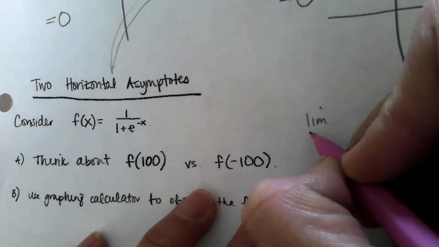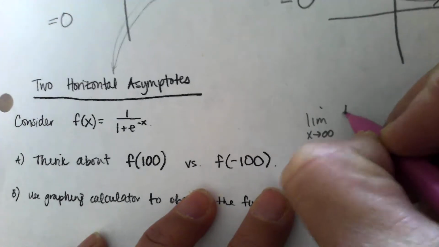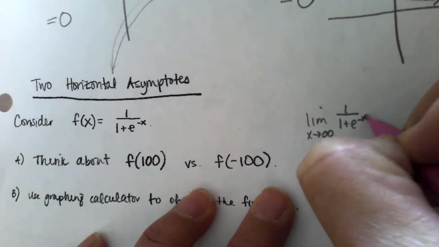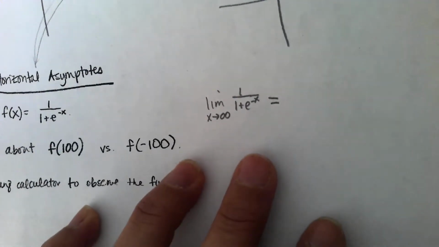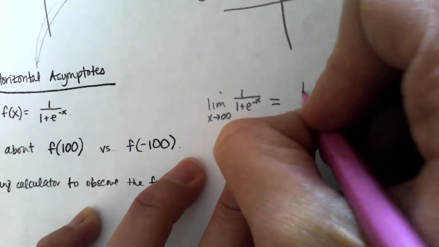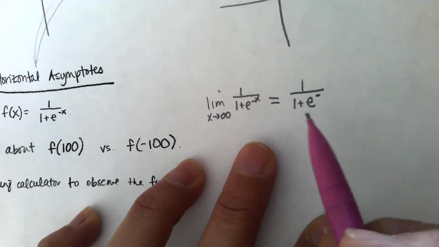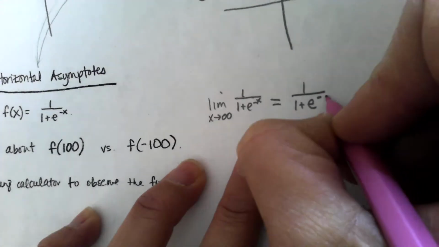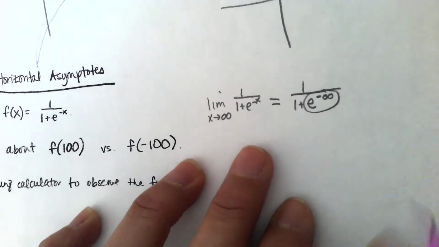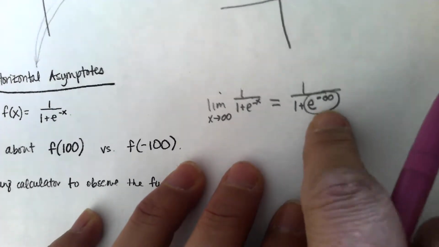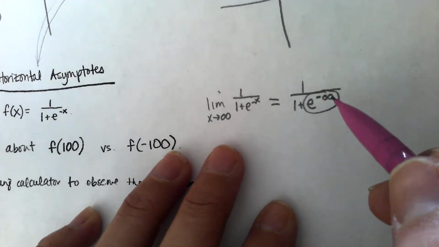So I'm going to be looking for the limit as x approaches infinity of 1 over 1 plus e to the negative x. So when I plug in infinity, 1 over 1 plus e to the negative infinity, because the negative is a part of the function, we first need to look here. And what's happening to that value as we go towards infinity?